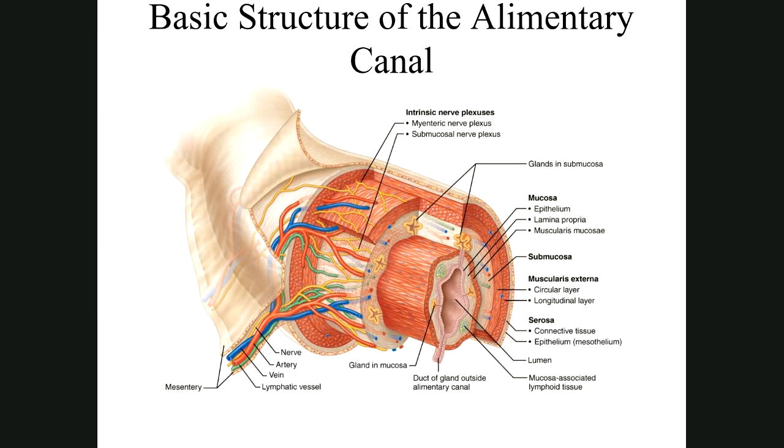Now we go to the submucosa. This guy over here, and you see it. It consists also of connective tissue, areolar connective tissue, containing blood and lymphatic vessels, lymphoid follicles, nerves, plexus.